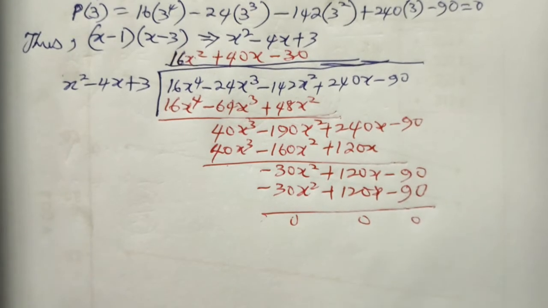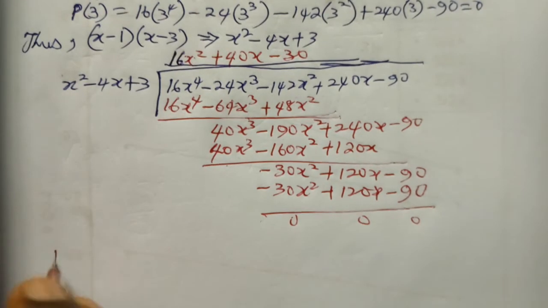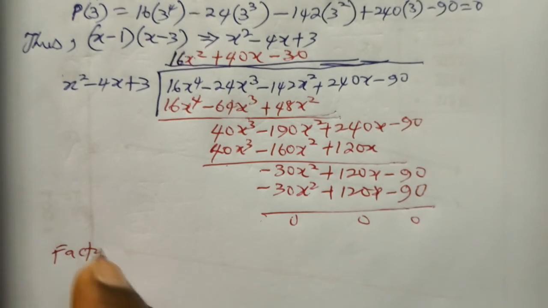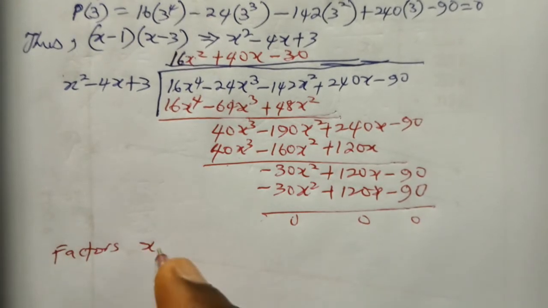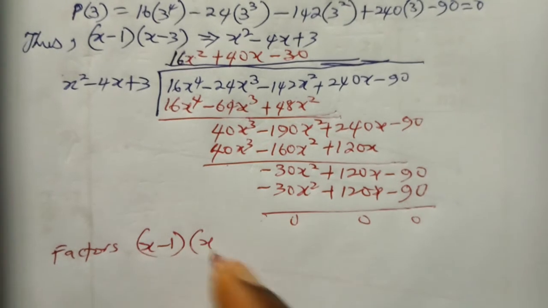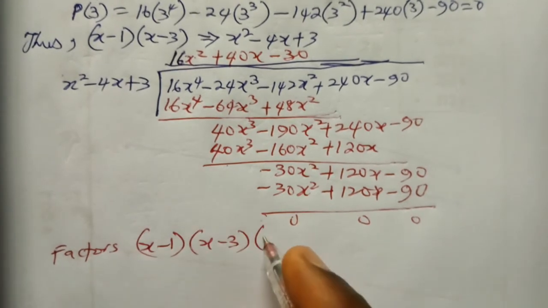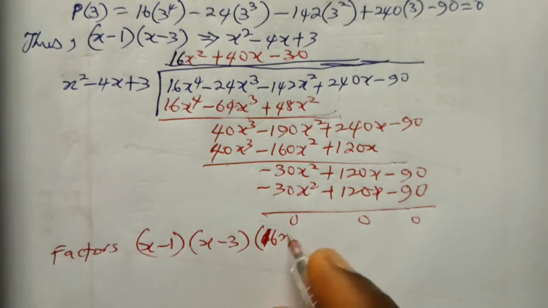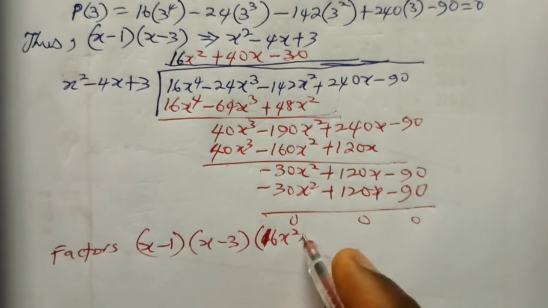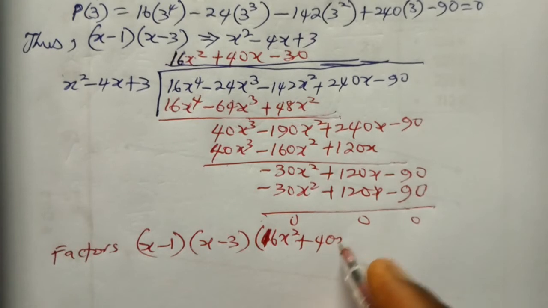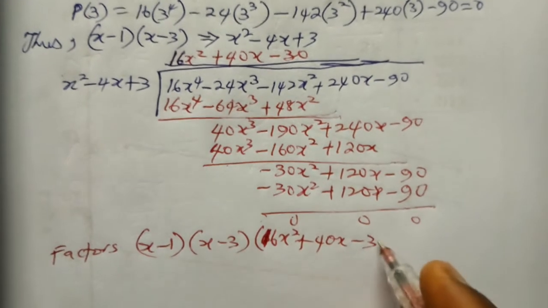So that means that the factors are x minus 1, x minus 3, and 16x squared plus 40x minus 30.